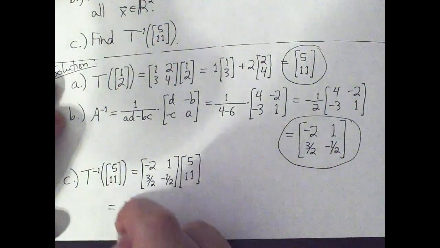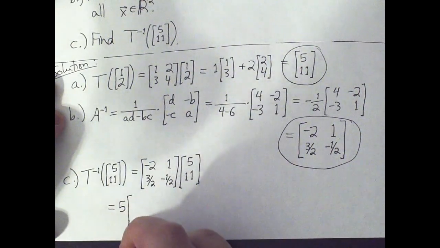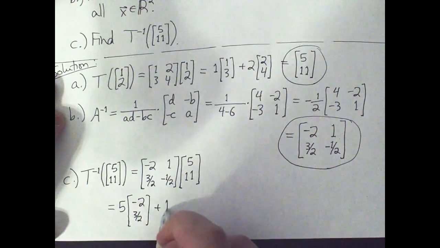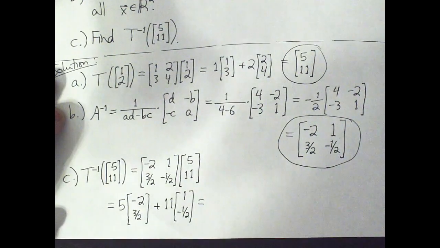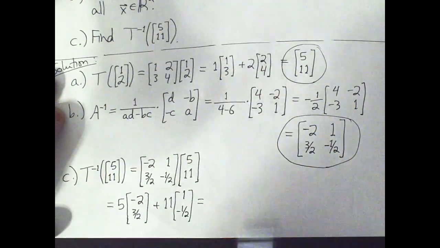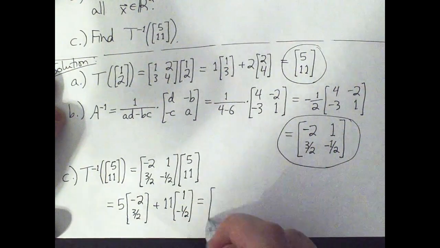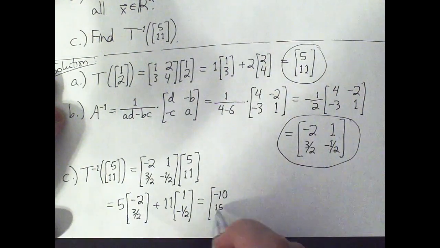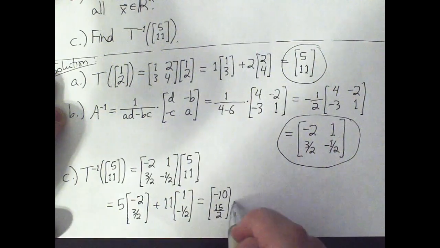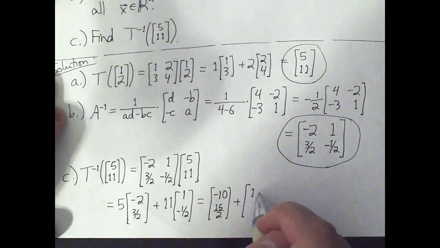I'm going to do this the same way I did the other one. I do 5 times the first column plus 11 times the second column. So what do we get? 5 times negative 2 is negative 10. 5 times 3 halves is 15 halves. Plus, up here is 11.